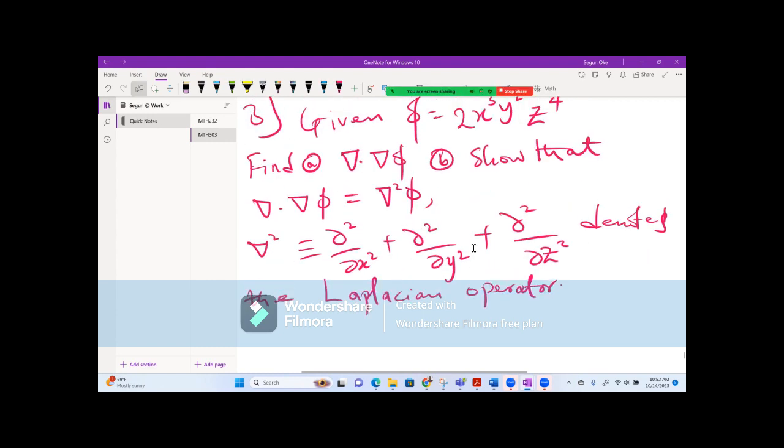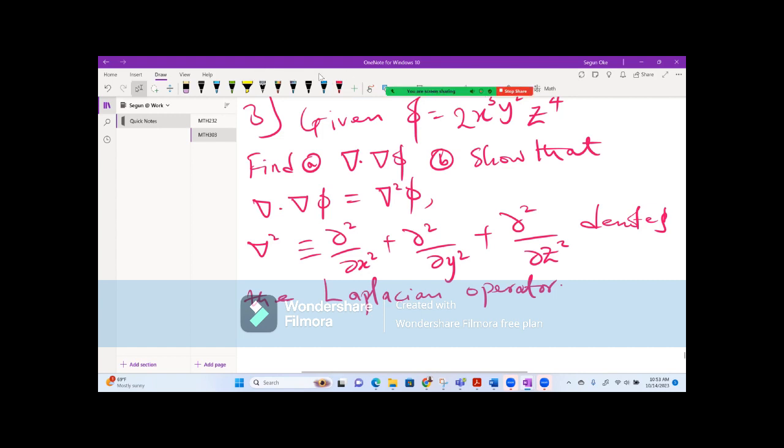Remember we are asked to show that something is equal to something. The example is very simple.